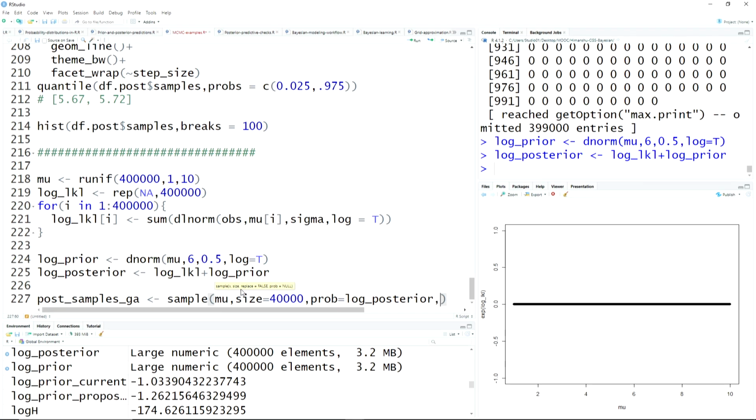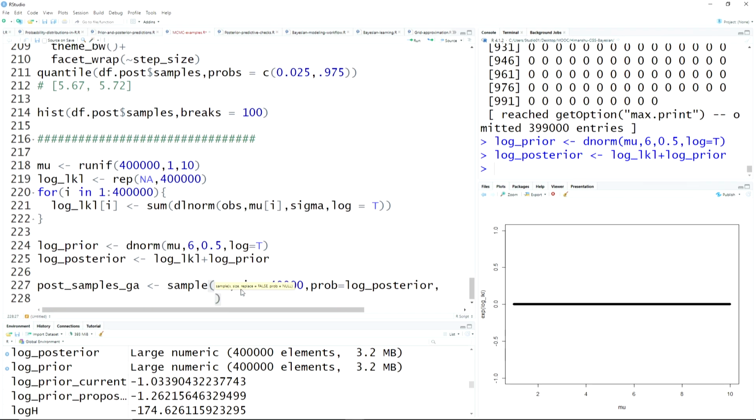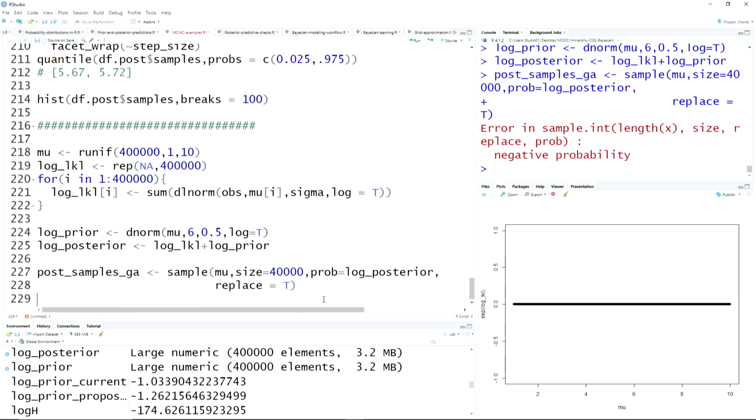Actually, it doesn't matter whether this vector contains actual probabilities or not, or whether the summation is equal to 1 or not, it will still work, because it considers them as weights. I am also not sure whether negatives will work, so maybe we'll have to turn them into positive or something. But let's see. Replace equals to true. Okay, so negative probabilities don't work.